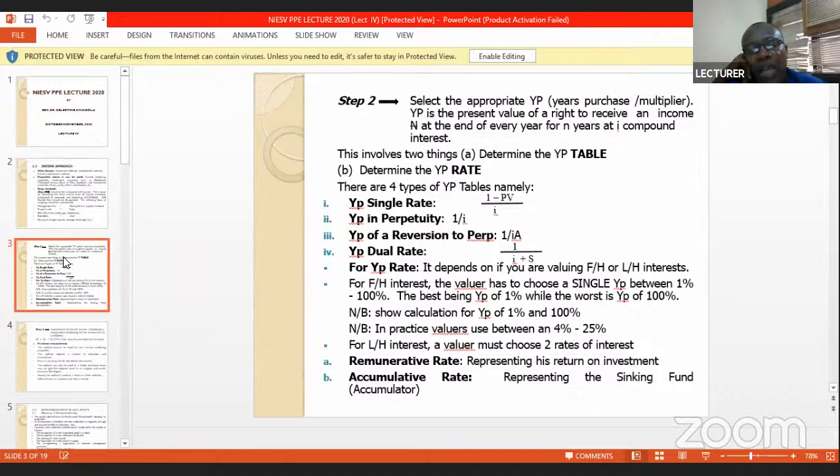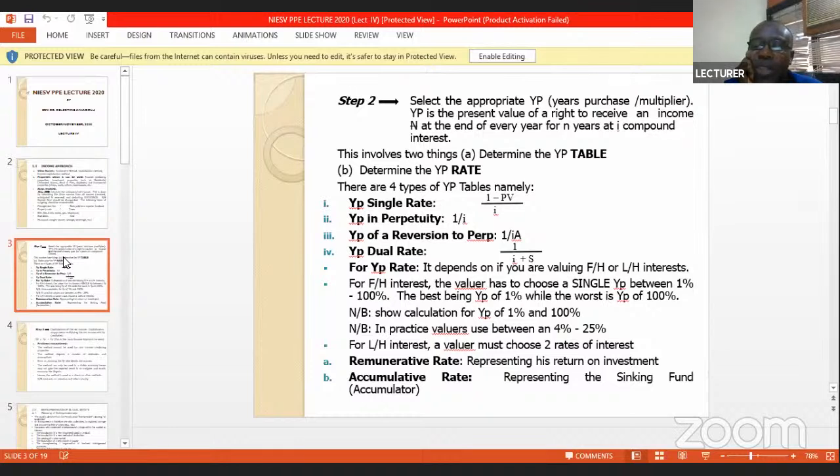For the YP rate, it depends on the interest you are valuing, whether it is freehold interest or leasehold interest.